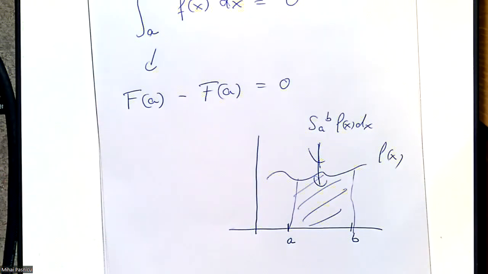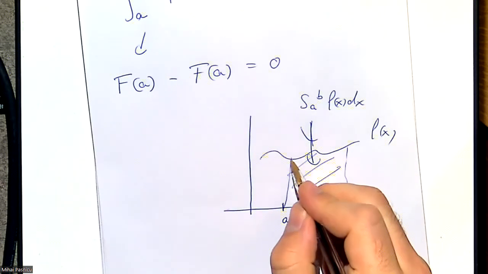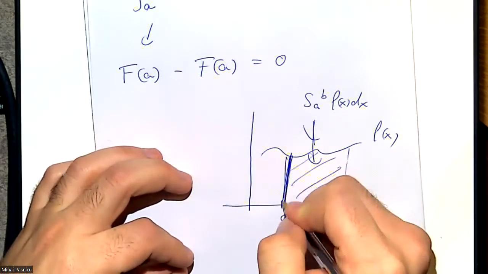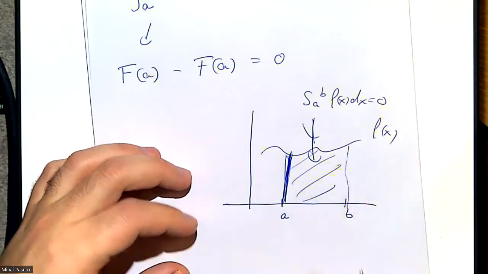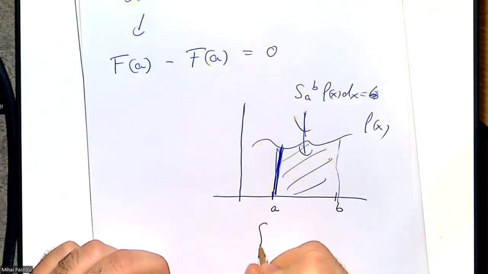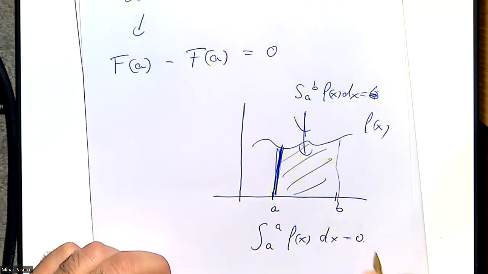This is one other definition that I use. Now, if I have from a to a, I just have one line, so 0. So the integral of a to a of f of x dx is equal to 0.